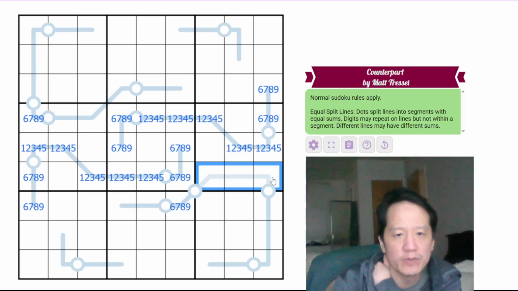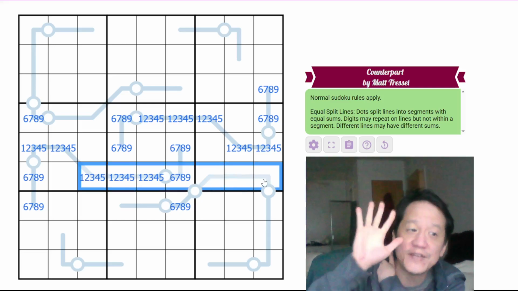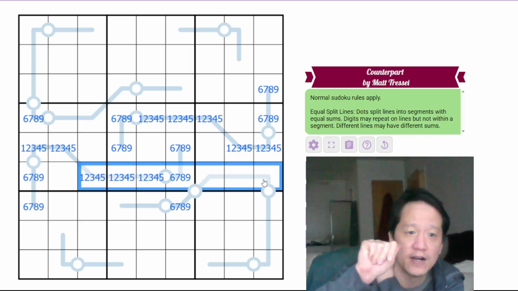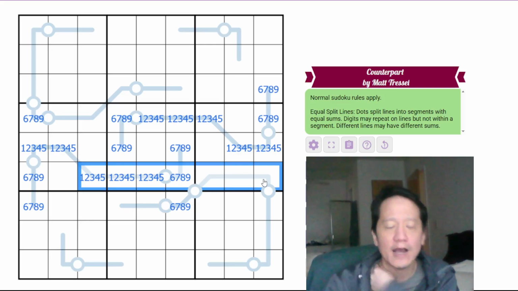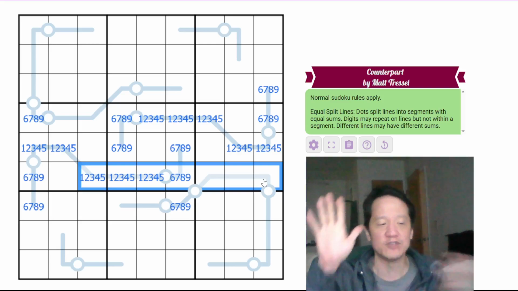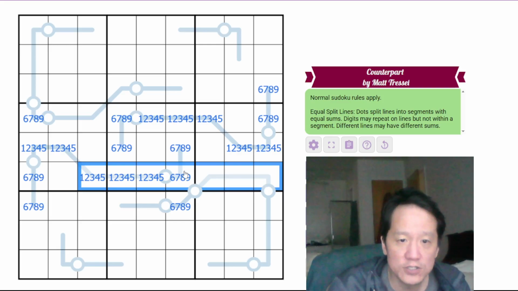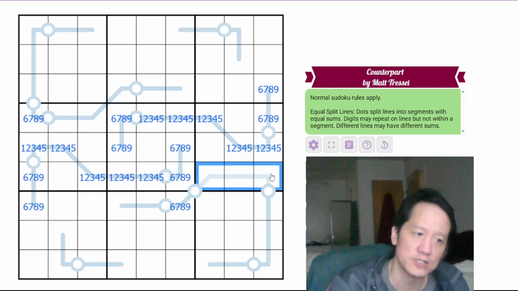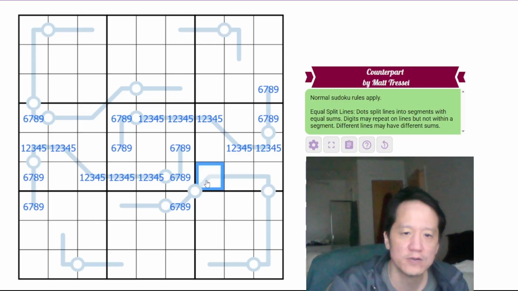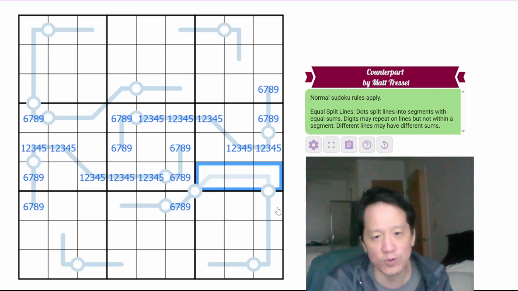But then the problem is, in the row, we would have 6 cells which require the 5 digits from 1 through 5, which is not allowed, right? How do you fill out 6 cells with 5 digits? You can't. So you need a 6th digit to be able to add to this digit. Well, what happens? What do we add?